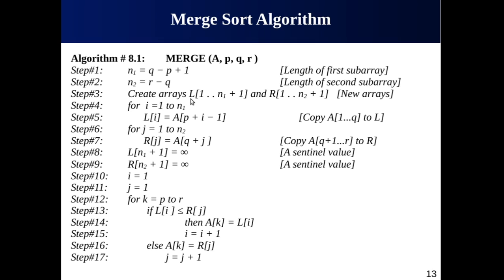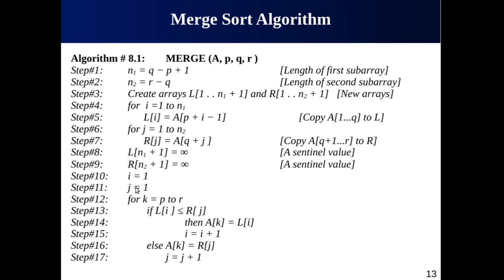The first sub array is called L, the second sub array is called R. In step number 4 to step number 7, we actually copy the elements of the main array into these two sub arrays. The first half of the elements were assigned to the left array, and the second half of the elements were assigned to the right array. And we also assign the special value, sentinel value, to the last element of each sub array in step number 8 and step number 9.